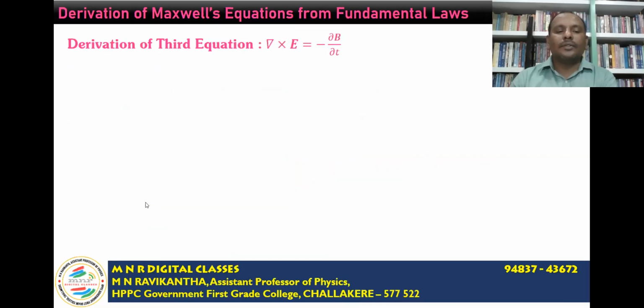Next, the third equation, which is expressed as del cross E is equal to minus dou B by dou t. So the curl of electric field is equal to the negative time rate of change of magnetic induction.